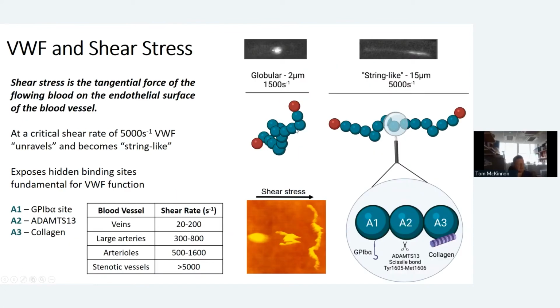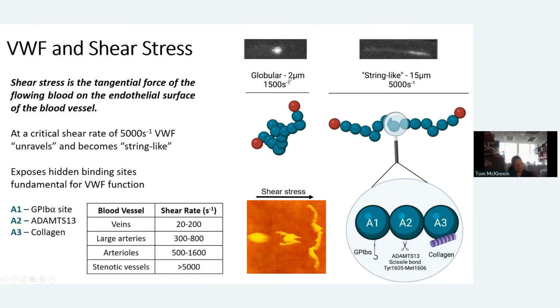And like I said, the molecule is highly responsive to shear forces. These are the range of shear forces which we encounter in our vascular system, and we currently take anything over 5,000 inverse seconds as being abnormal. As this image shows, the more shear force we apply to the molecule, and I'm going to show you some movies and images in a few slides' time which confirm this, the greater the conformational change that takes place.